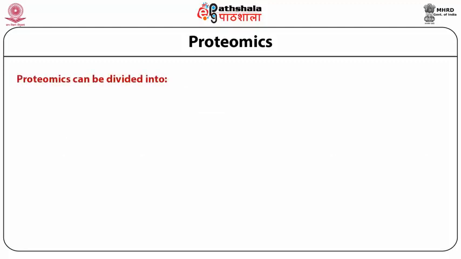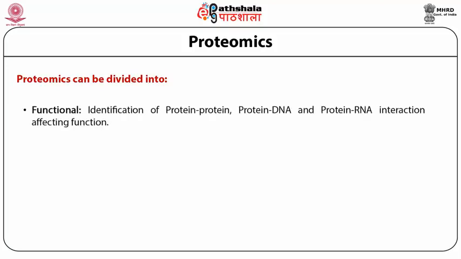Proteomics can be divided into functional proteomics, structural proteomics, and differential proteomics. Functional proteomics is the identification of protein-protein, protein-DNA, and protein-RNA interactions which affect the function of the cell.